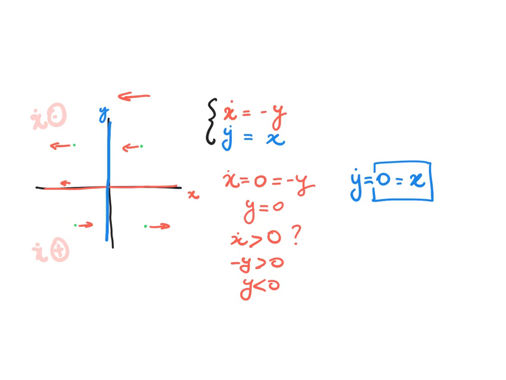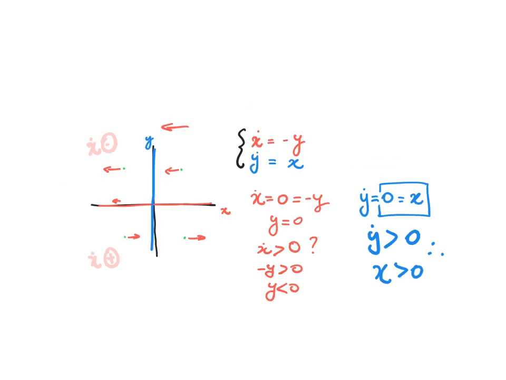The inequality y dot is larger than 0 indicates that positive x translates into positive changes of y. And when we draw this conclusion in the flow, we will find that here y dot is positive, and here y dot is negative. And so the y component is positive in this side, and negative in this side.